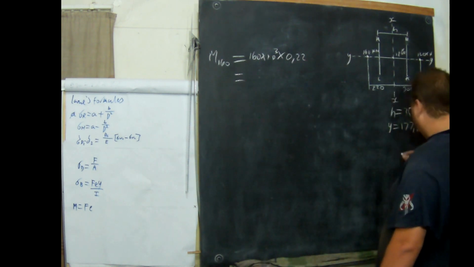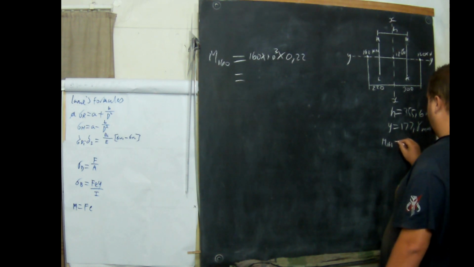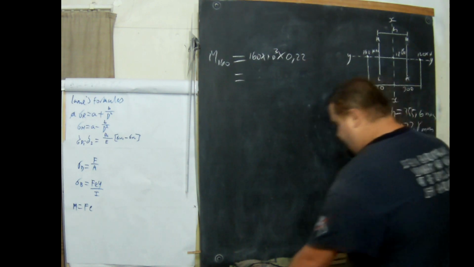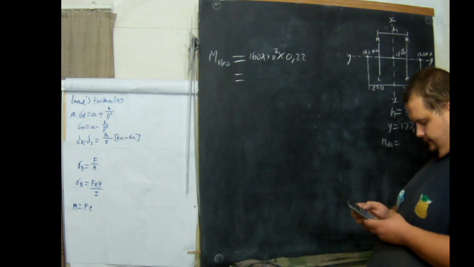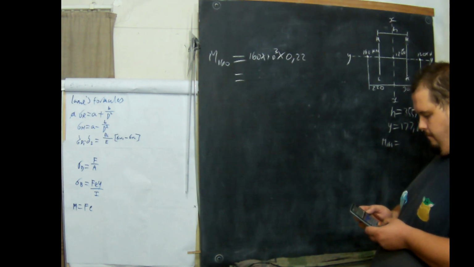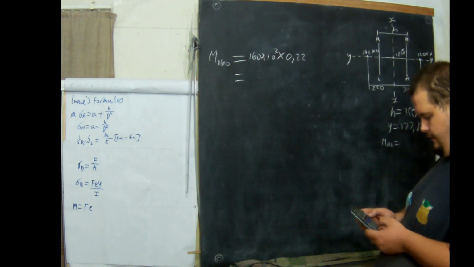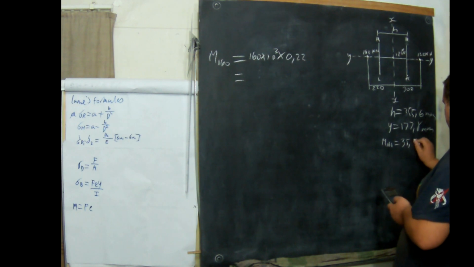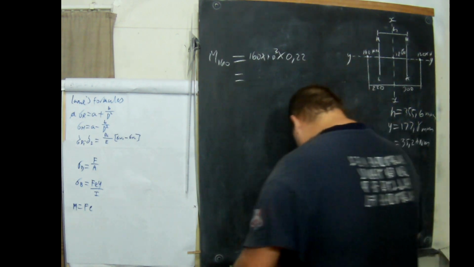That gives M at 160 equals 35,2 kilonewton meters.